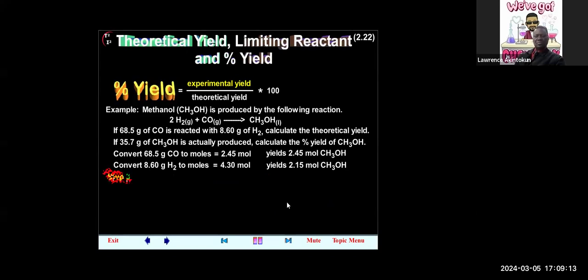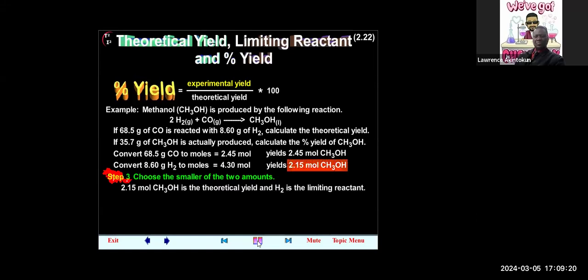Step 3. Choose the smaller of the two amounts. 2.15 moles CH3OH is the theoretical yield, and H2 is the limiting reactant.